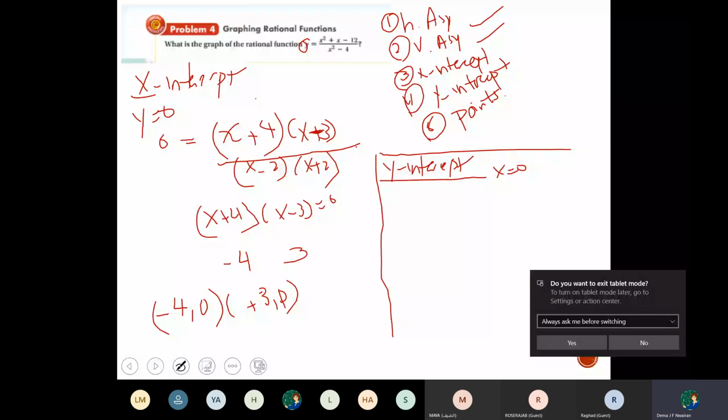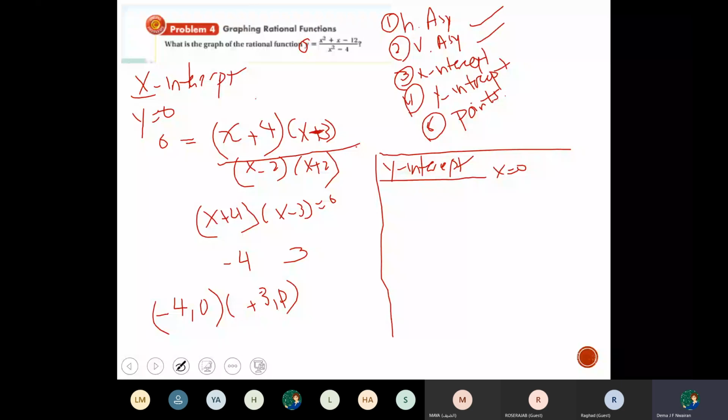Okay, let's finish now. When x equals 0, I have to find the y-intercept. So I will substitute zeros in my function: 0 squared plus 0 minus 12 over 0 minus 4. So negative 12 over negative 4 is 3.